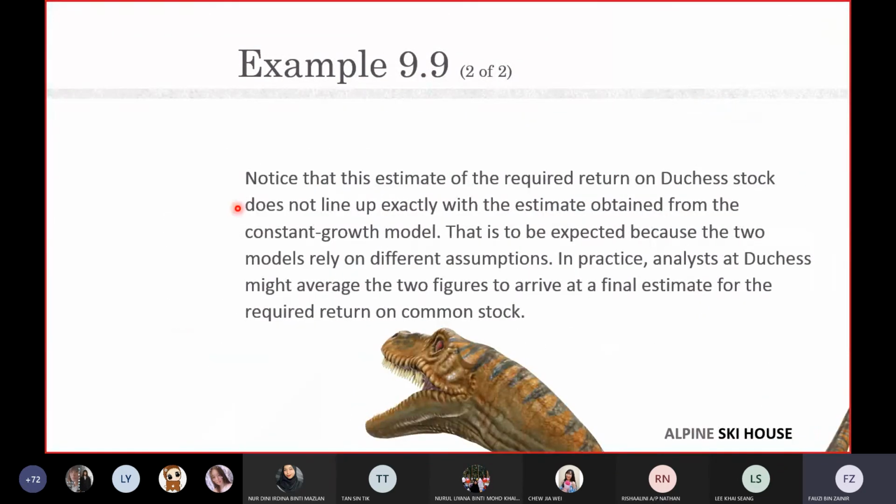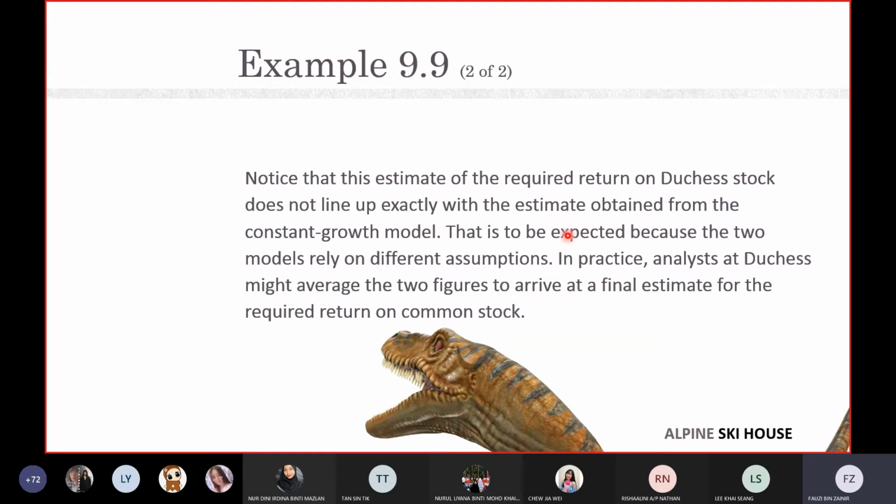So the conclusion here is that this estimate of the required return on Duchess stock does not line up with the Gordon growth model's 13%. This is expected because the two models rely on different assumptions. In practice, analysts of Duchess might average the two figures to arrive at a final estimate for the required return on the common stock.